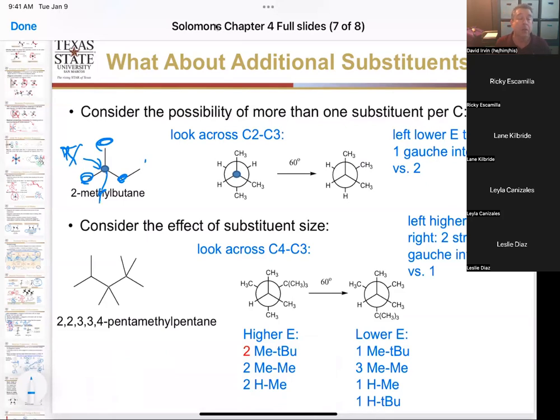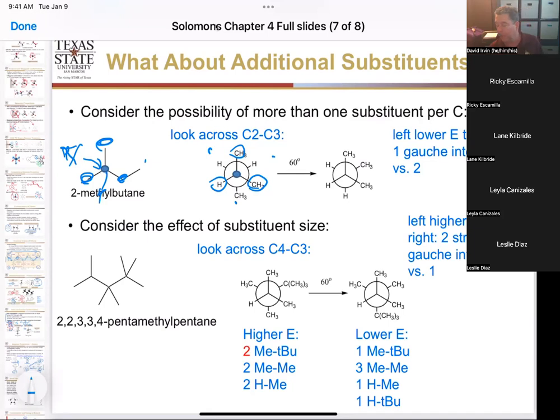Looking down that perspective, when we draw, we want to draw the stuff in front of us first. So we have a methyl group and a hydrogen on the front, and a hydrogen and a methyl group on the back. Because we have two methyl groups, we can never be 100% anti.